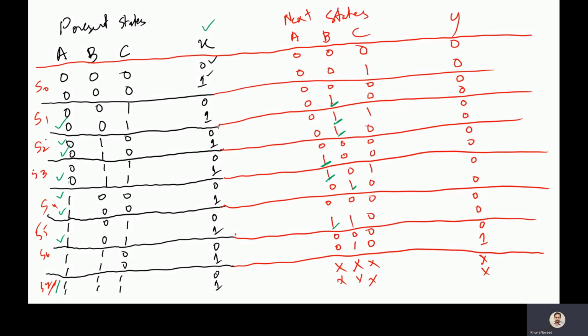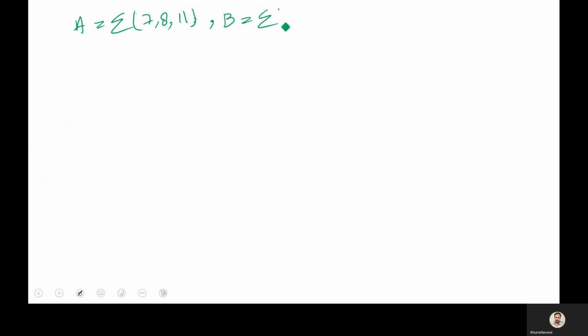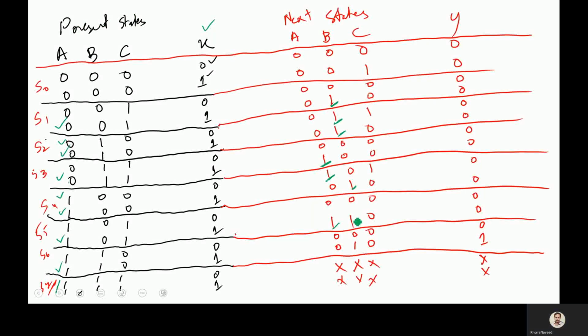So 3, 4, 5 and 9, and then we have this 11, and we also have this 13, right? So 3, 4, 5 and 9, 11 and 13.